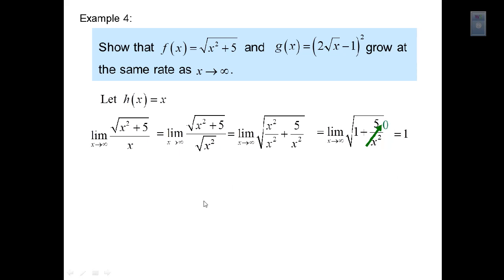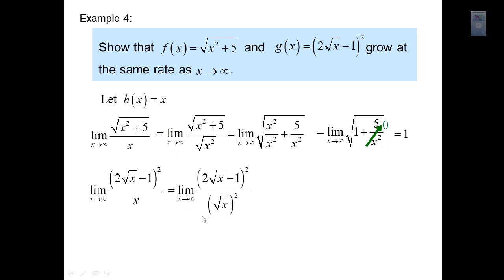All right, let's do the same thing with x and the 2 square roots of x minus 1 squared. So the limit as x approaches infinity of 2 square roots of x minus 1 quantity squared over x. We first want to get this thing to look similar, and we can do the same thing we did right here, where we did the square root of x squared. We can do the square root of x quantity squared. That's still x, right?